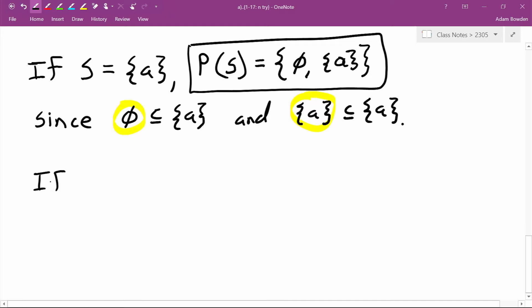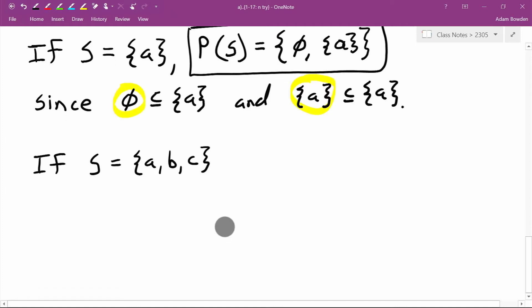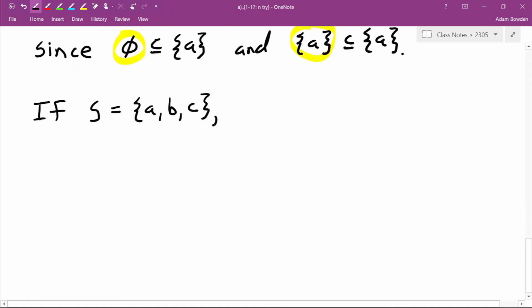Now, on the other hand, if the set S is equal to the set containing A, B, and C, we have more combinations to go through to find all the variety of subsets here. Okay, so if that's our set, let's go through the different possibilities.